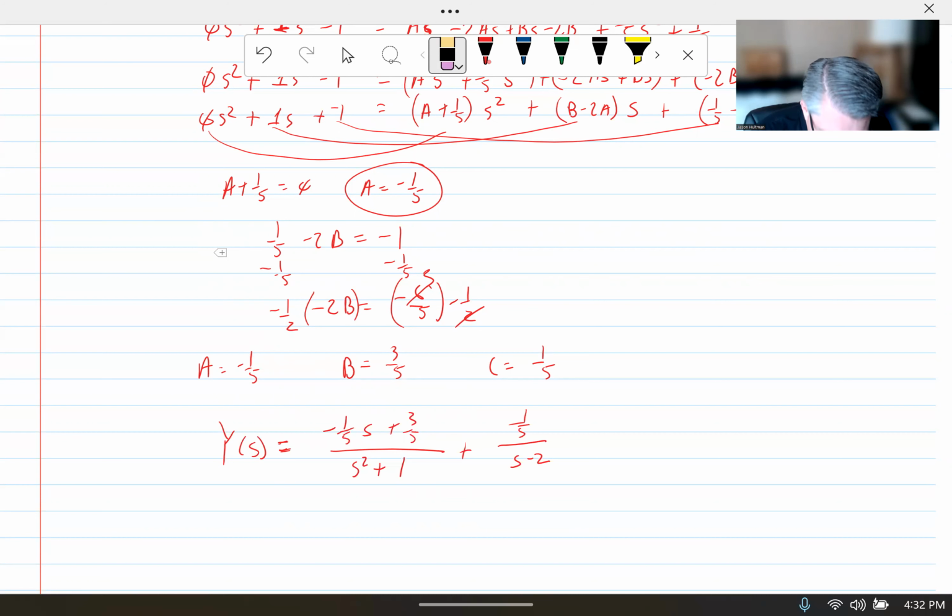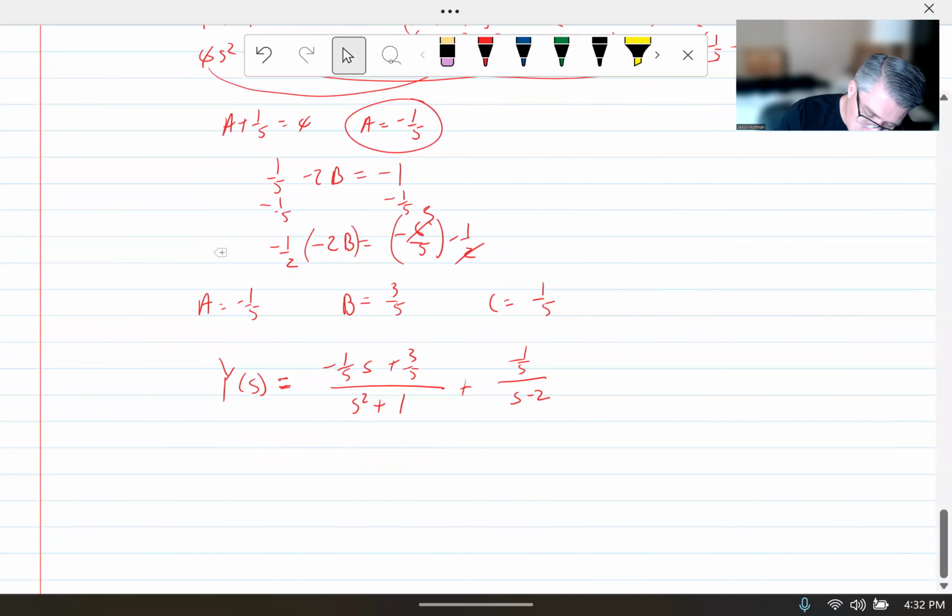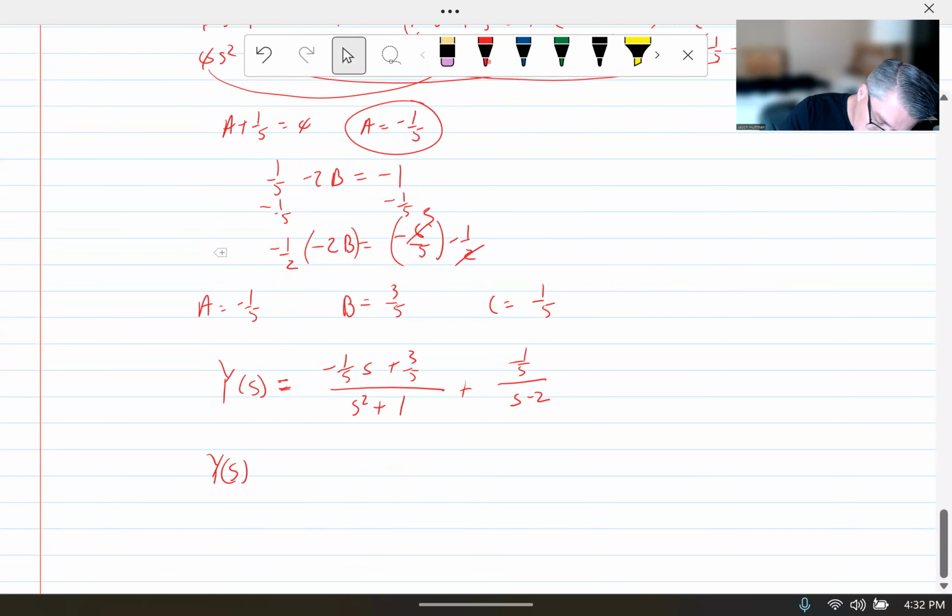Okay, so now I just have to kind of clean this up. Okay, and so I'm going to break this apart. Hopefully you understand the algebra that I'm doing here. So y of s is equal to, I'm going to break this apart, negative 1/5 s and 3/5.